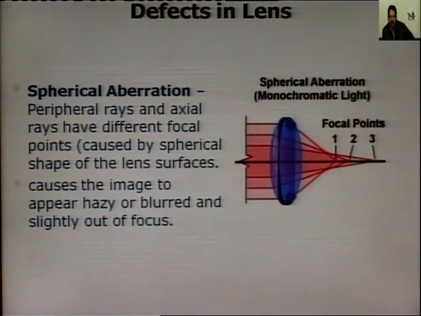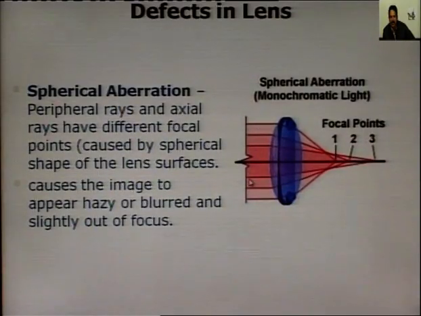So when this monochromatic light is incident on this lens, the rays of light which are closer to the principal axis of the lens travel a larger distance through the body of the lens than the rays of light which are away from the principal axis of the lens. The rays of light which are closer to the principal axis are called paraxial rays.